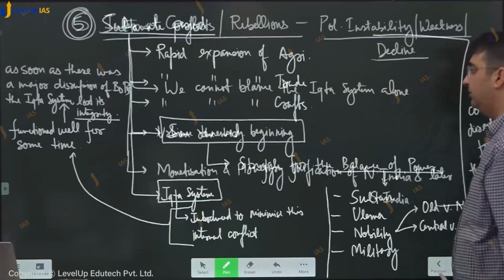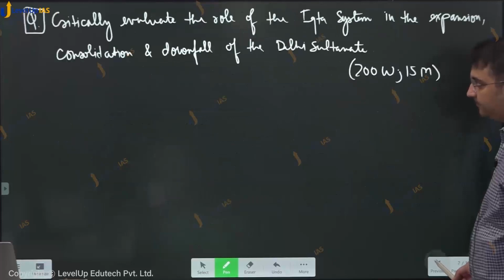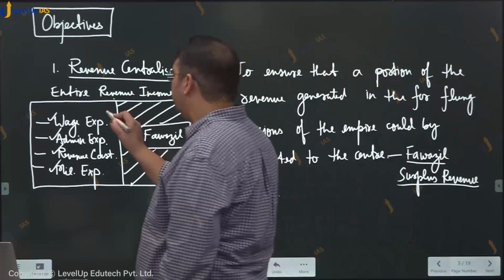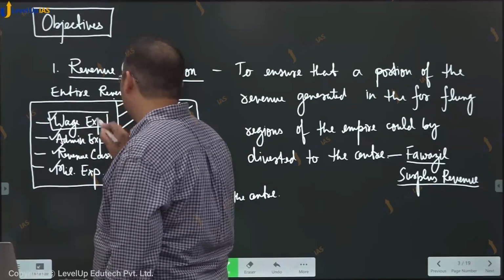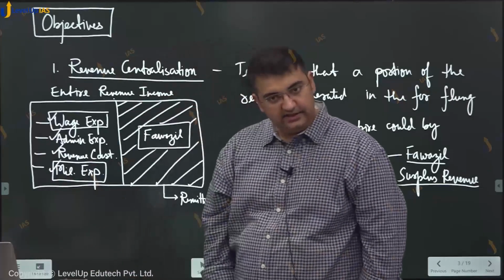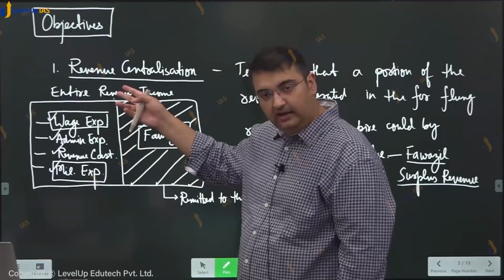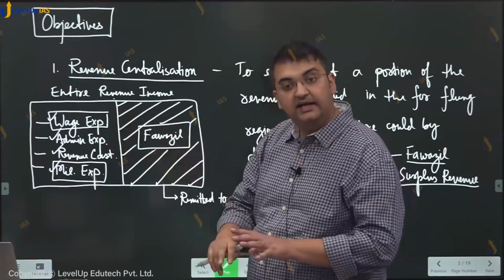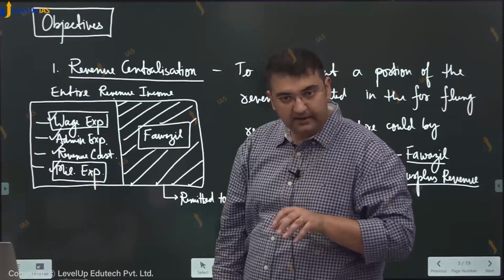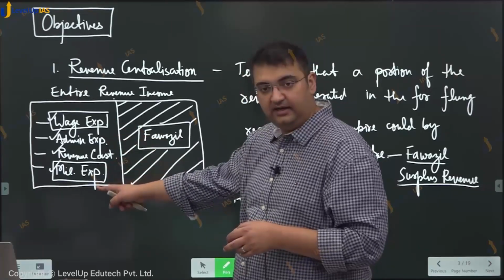So before this, let us see. ये और ये अलग अलग कैलकुलेट नहीं किया जाता था. Both of them were merged together, and this allowed the iqtadars to claim that I am maintaining a certain amount of soldiers of this rank with this pay, so this amount of money is required. अब क्या किया गया, इसको इससे सेपरेट कर दिया गया.